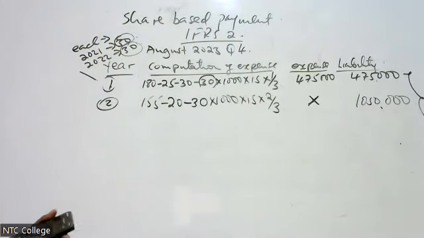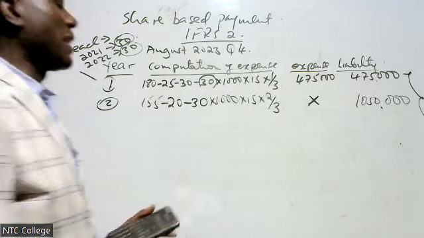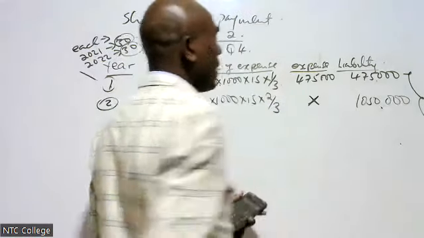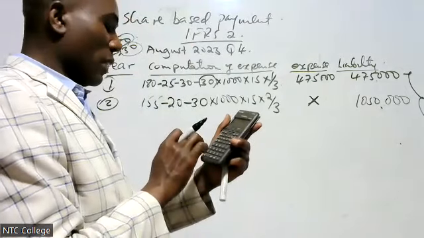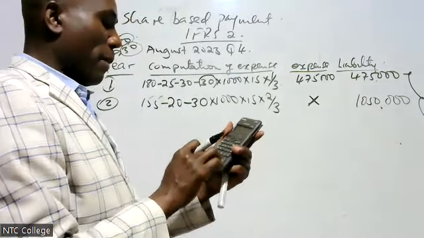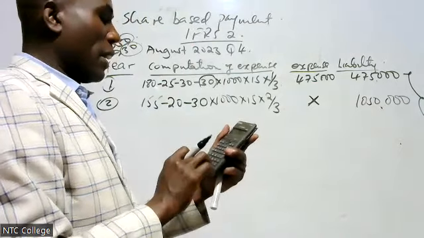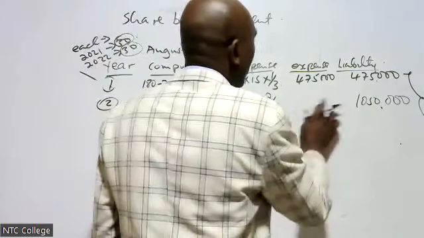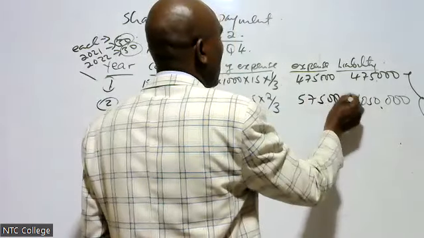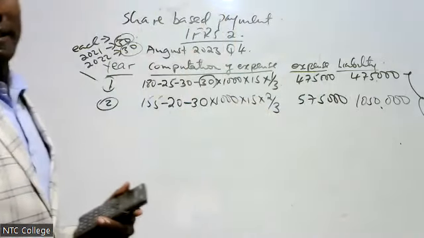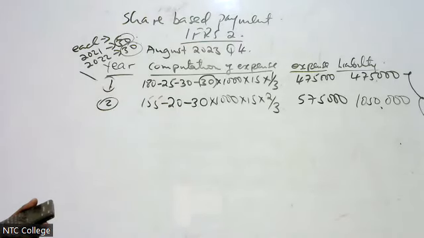In year one, my liability was 475. When I come to year two, my liability is increasing to 1050. Therefore, my expense here will be 1050 minus 475. I'm getting 575. Therefore, my expense here is 575,000.